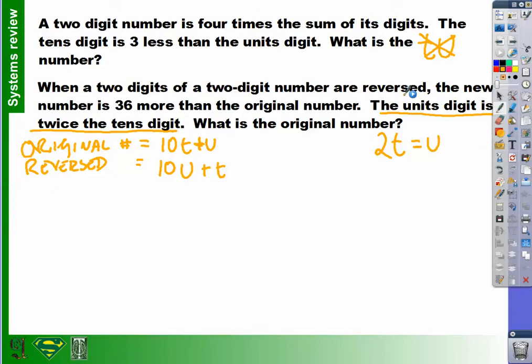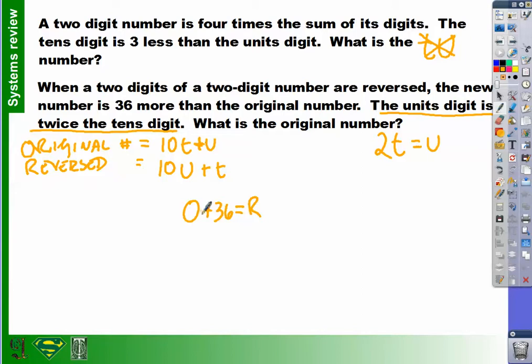So what that is saying is that my original number, here's my reversed number. Which one's bigger, the reversed or the original? The reversed is bigger. So I want the original plus 36, and that's going to equal my reversed, right? That's not too tough to deal with. Now we need to substitute the expressions.